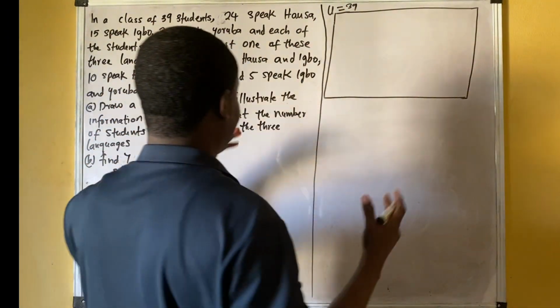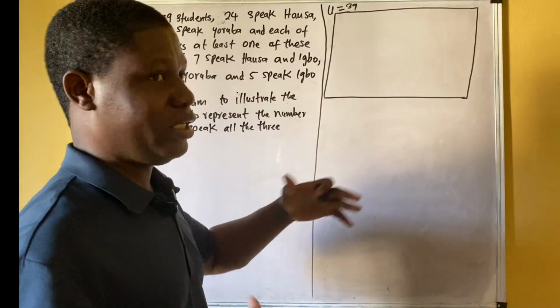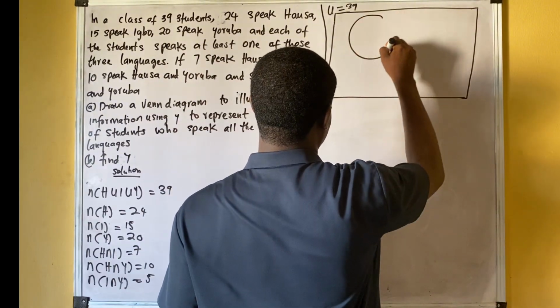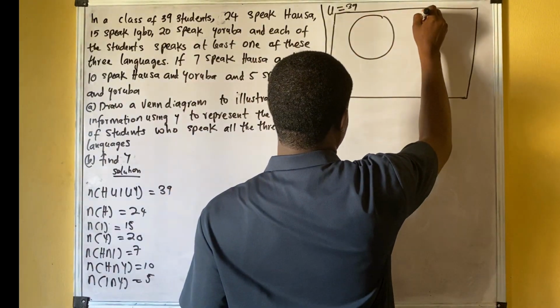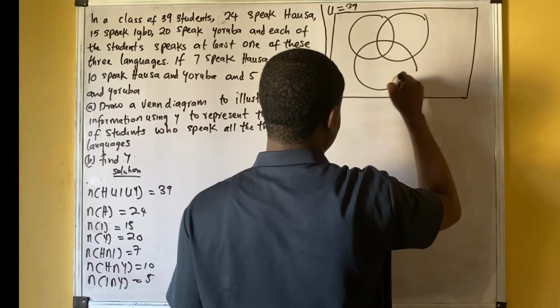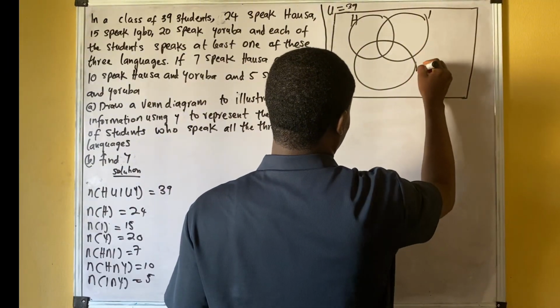And since we have 3 languages, that means the subsets are 3. So we're going to have 3 circles. This is the first one, this is the second one, and the third one. So this is for Hausa, this is for Igbo, and this is for Yoruba.